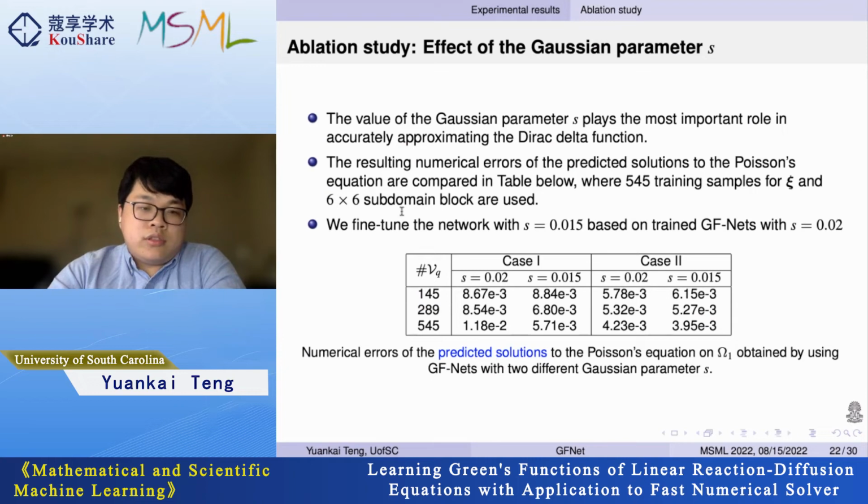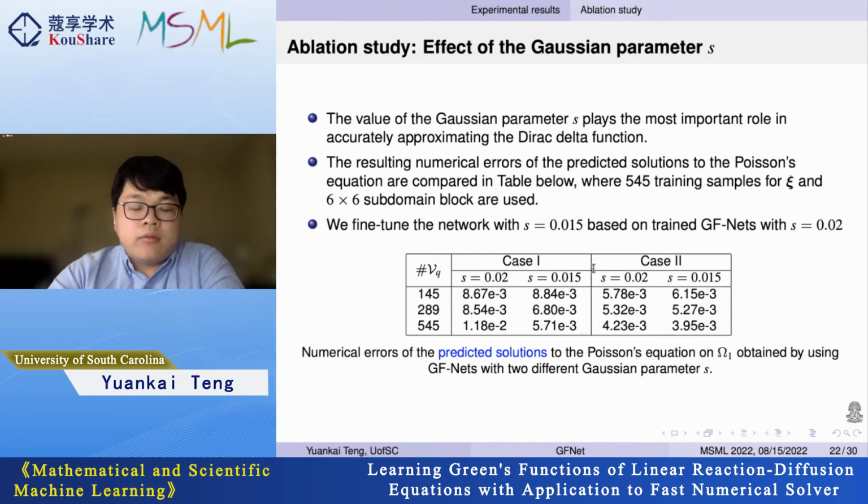And we choose 6x6 subblocks here. We will first train the network with S equal to 0.02, and then we fine-tune our network with S equal to 0.015 based on our pre-trained network, and then we get the following result.